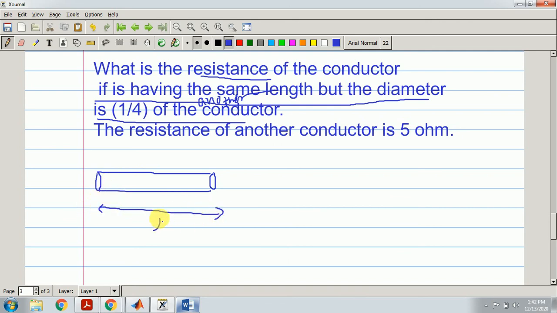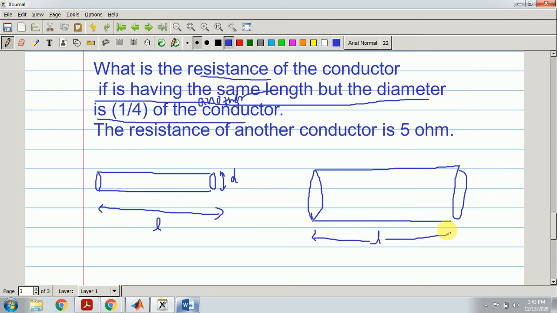Whatever diameter is there, this is my dia. This dia is 1/4 of the other conductor, so the other conductor will have 4 times higher dia, right? But the length is the same, L, so this dia is 1/4 of the previous dia, D.